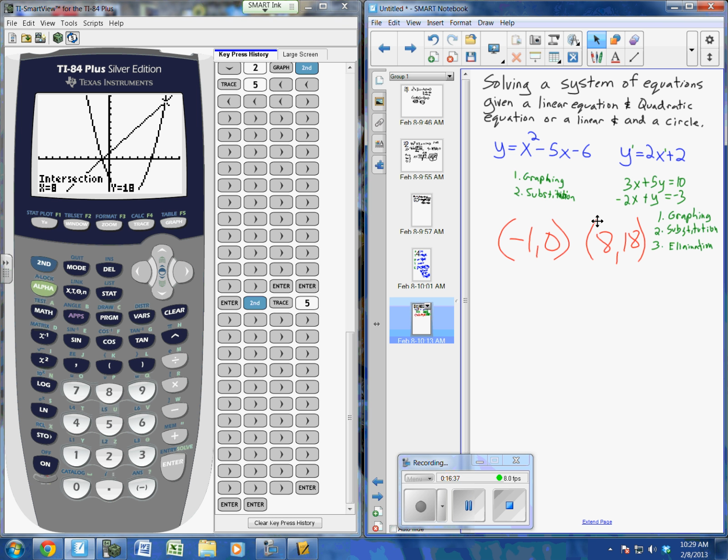Now, I want you guys to look right here. There are 2 different answers that work. If I put -1 in for x on this equation and 0 in for y, I would get 0 equals, and -1 squared is +1, and -5 times -1 is a +5, and 1 plus 5 is 6, and 6 minus 6 is 0.